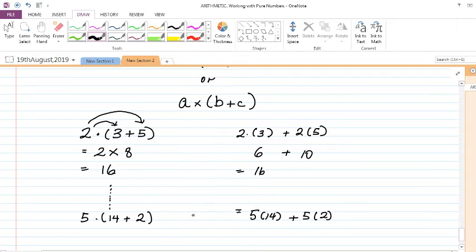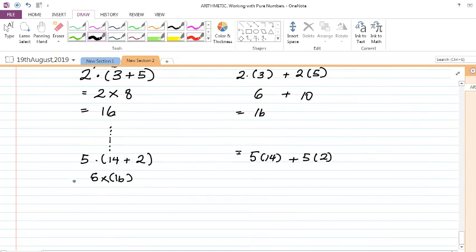So I'm going to compare them and see what the result is. 5 by 14 plus 2 is 5 by 16, and 5 by 16 equals 80. This one, 5 by 14 is 70, and 5 by 2 is 10. And 70 plus 10 is equal to 80.